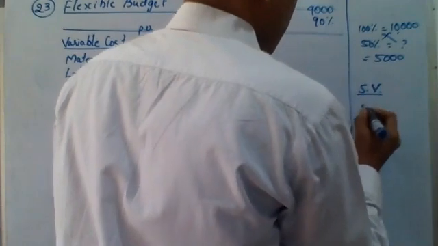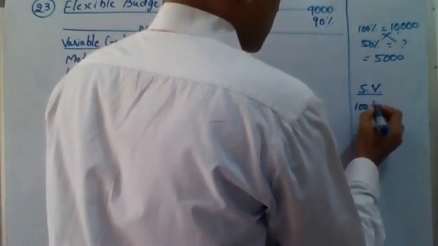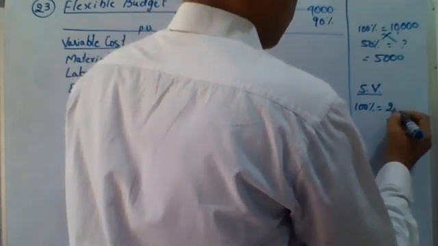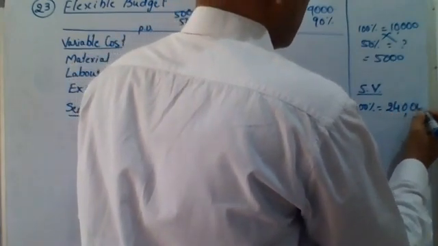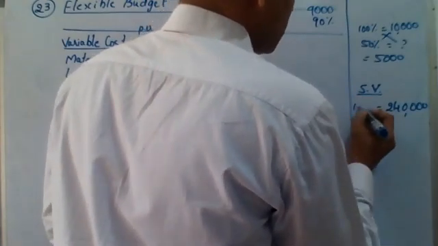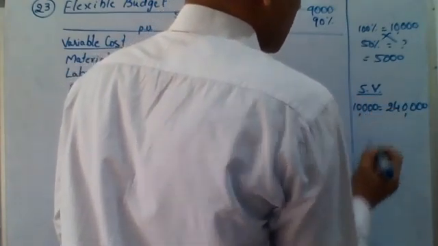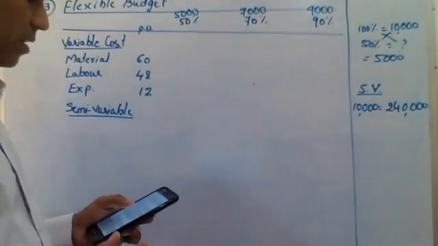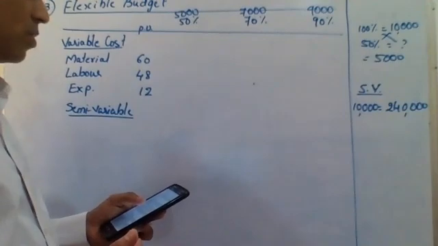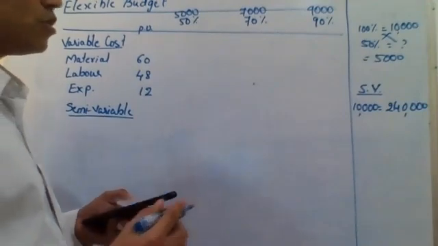Regarding semi-variable cost, he says at 100% capacity, you are spending 2,40,000. And you know what is 100% capacity? It is 10,000 units. All right. He says that these overheads vary in steps of 12,000 for each change in the output by 1,000 units.